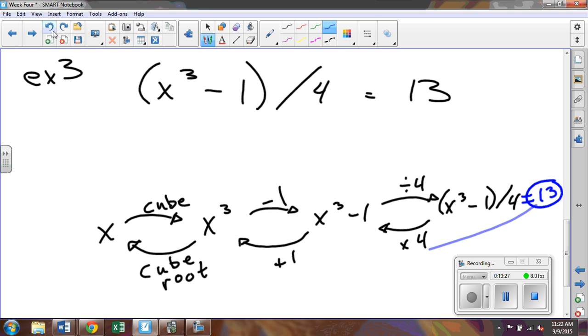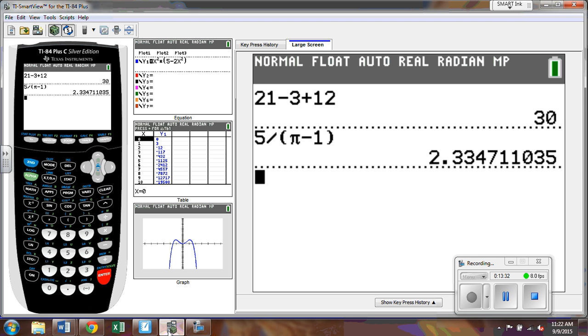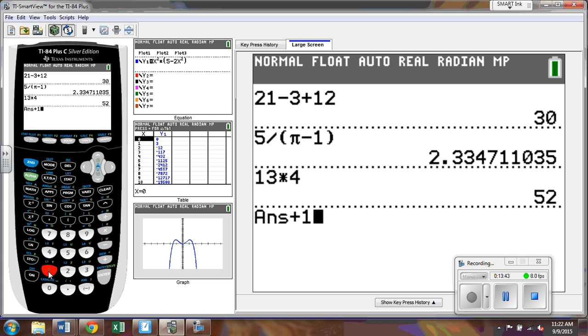So grabbing the calculator, and I realize, of course, we could do a lot of this work in our head too. 13 times 4 gives us 52. That answer plus 1 gives us 53. Our next step is to take the cubed root.